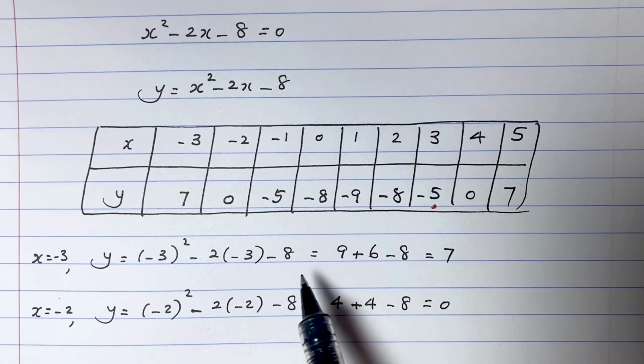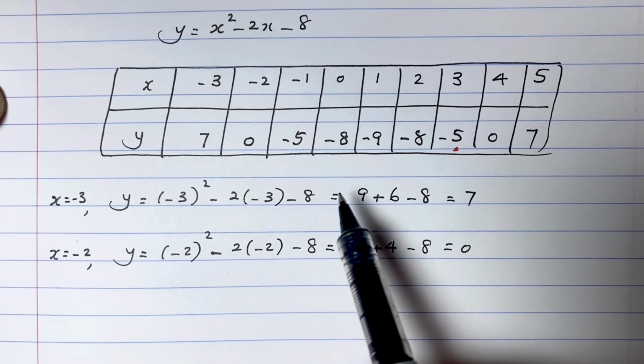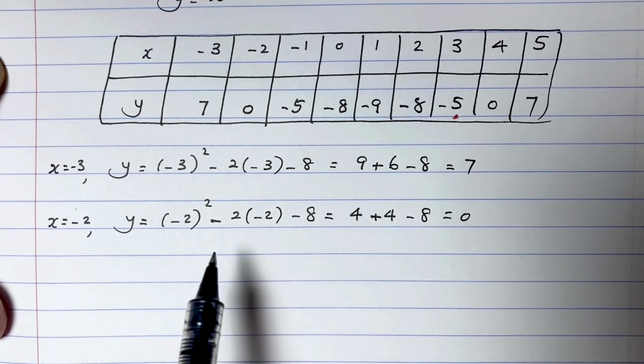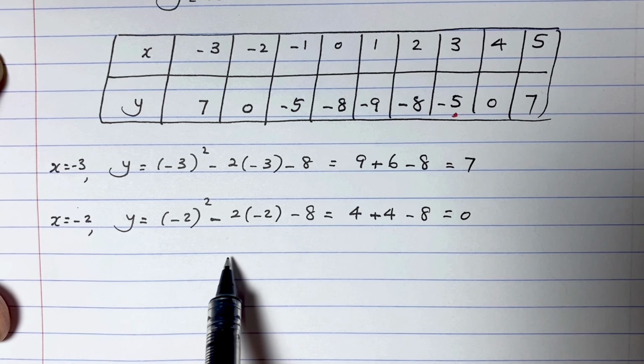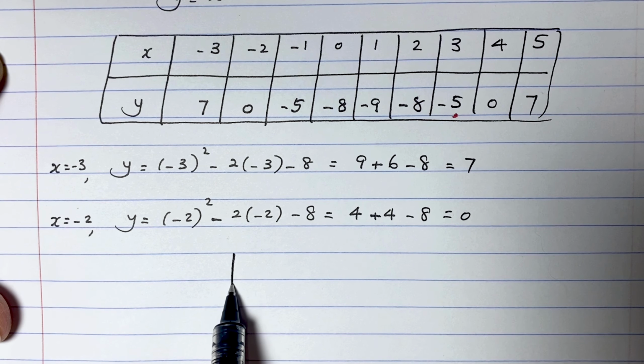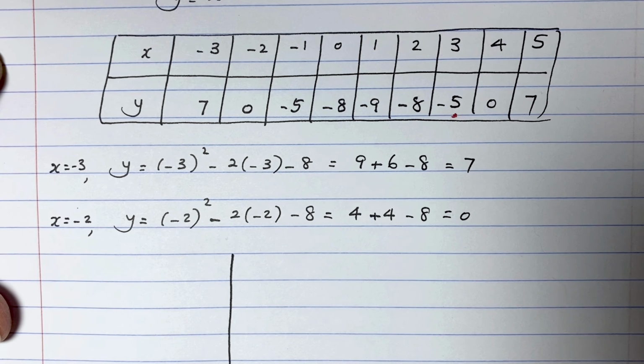Now we need to plot this accurately on a graph paper. For the sake of this, I only demonstrate what to be done. I won't plot, I'll just sketch the graph. So we have x and y axis.